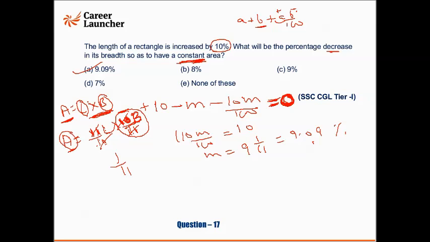Because 1 minus 10 by 11, that is, the factor is 1 by 11, which in terms of percentage, you will get 9.09 as percent. Okay, I think now the concept is clear to you, how this general approach works. So if you know the value of this 1 by 11 in terms of percentage, you can easily directly write it out 9.09 as percentage. So A will be my answer. Okay.